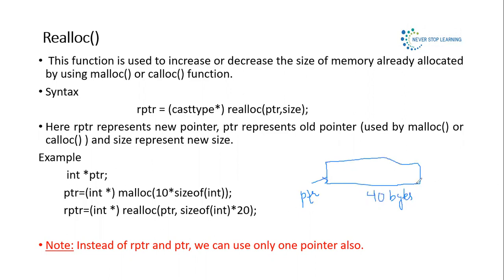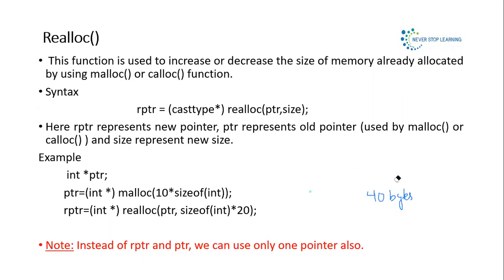So after this 40 bytes, another 40 bytes will be allocated, and the total size will be 80. And now another pointer variable, rptr, will be pointing to the base location. Like this, whatever memory malloc and calloc give, realloc will give the increment or decrement in that memory.